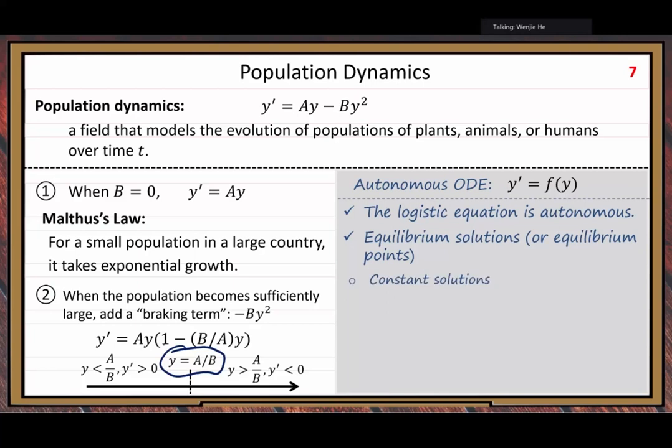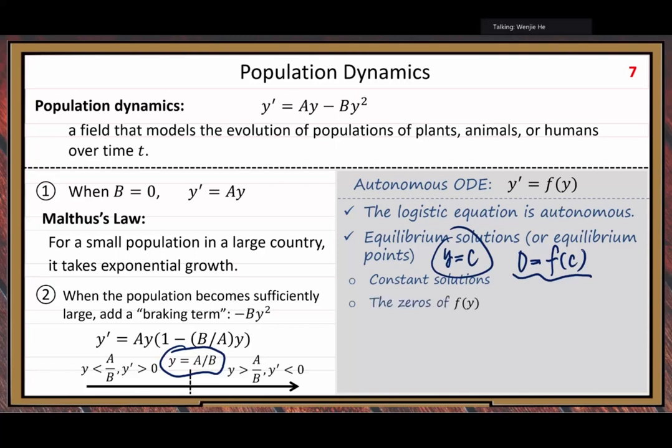So when you consider equilibrium solutions, you consider the constant solutions, y equals C. If y equals C, then y prime is 0, since you take the derivative of a constant. Then f of C equals 0, right? So you can find C from the condition f of C equals 0.